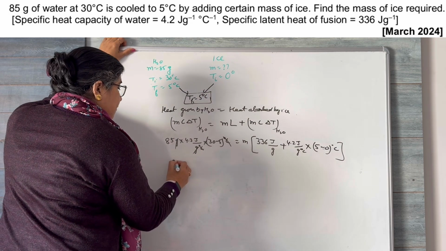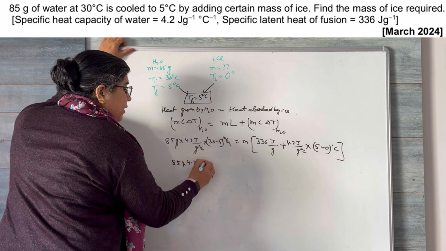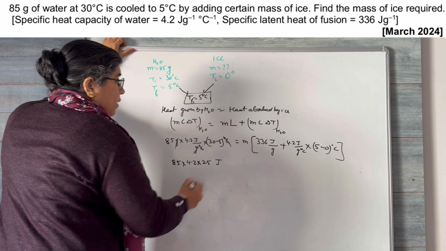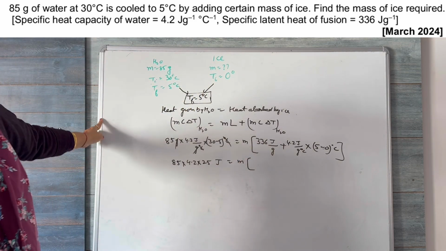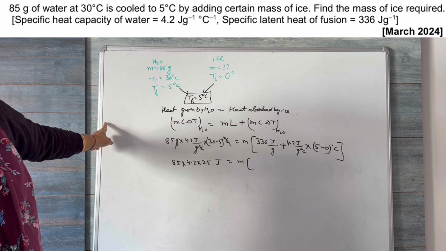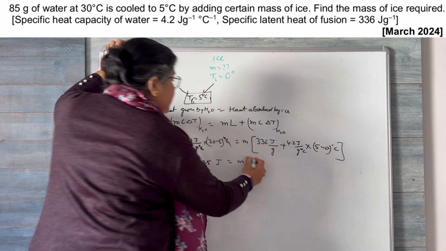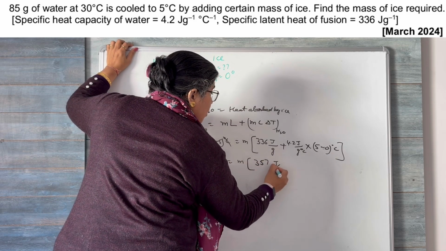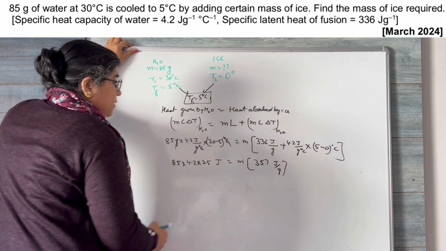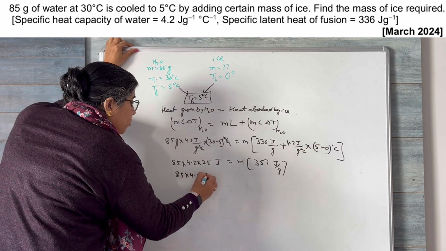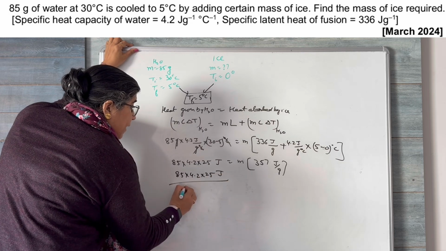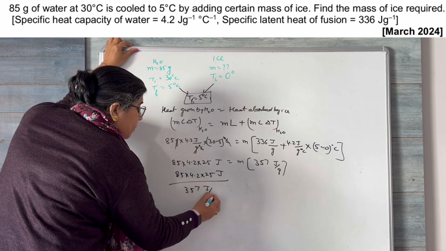This becomes 85 into 4.2 into 25 joule is equal to m into, this becomes 336 plus 21, so it becomes 357 joule per gram. Please mind the units. Bring it here: m equals 85 into 4.2 into 25 joule divided by 357 joule per gram.